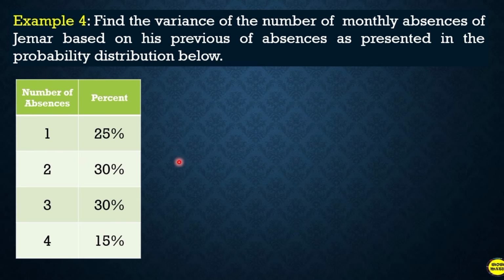Okay, so kunin daw natin yung variance. So, kagaya rin yan ang ginawa natin kanina, kapag naka-percentage siya, i-convert into decimal. So, kapag 25%, that is 0.25. Pag 30%, that is 0.30. Pag 15%, that is 0.15. Or, you can divide it by 100 para madali nyo makuha.